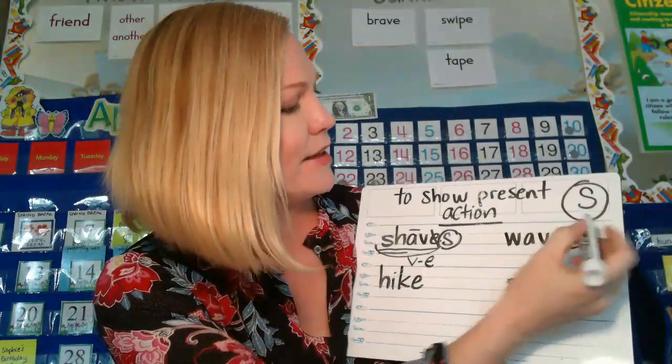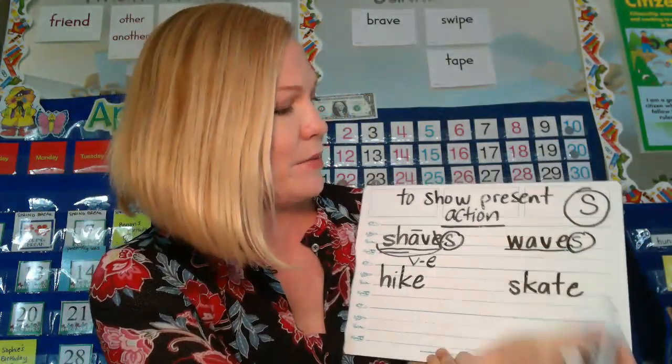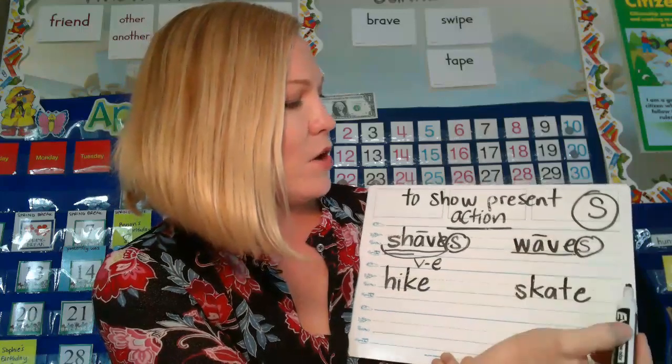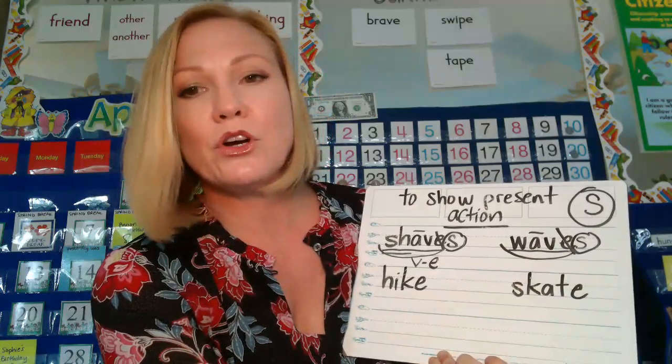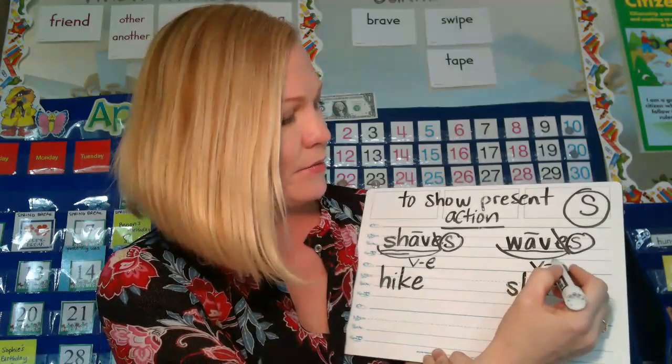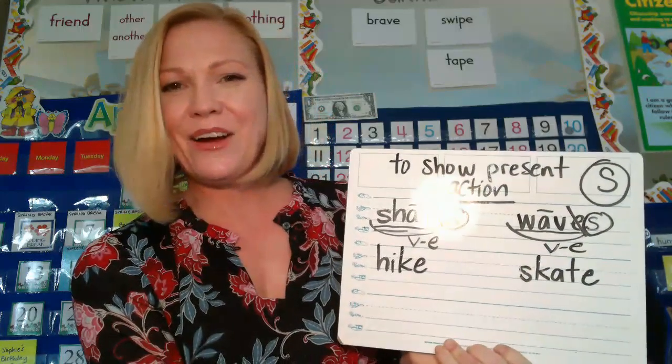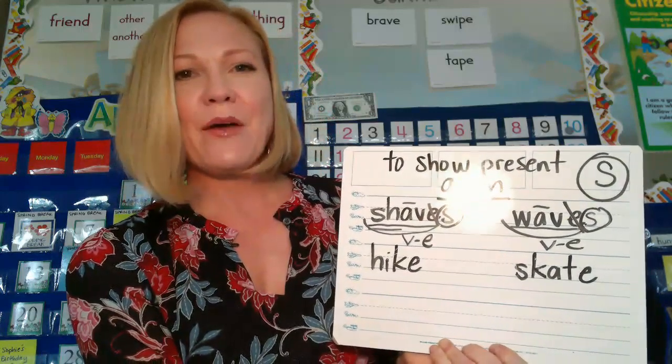Circle that S, underline the base word. Looking at the vowels, there's a long one and a silent one, and one syllable word, we swoop it and mark it, V-E. Wonderful.